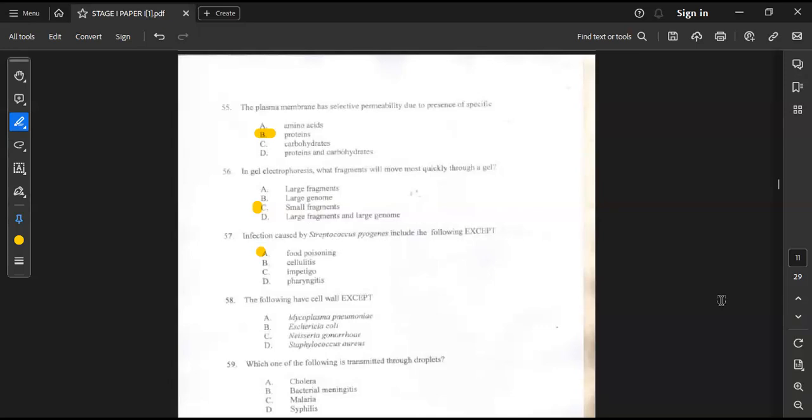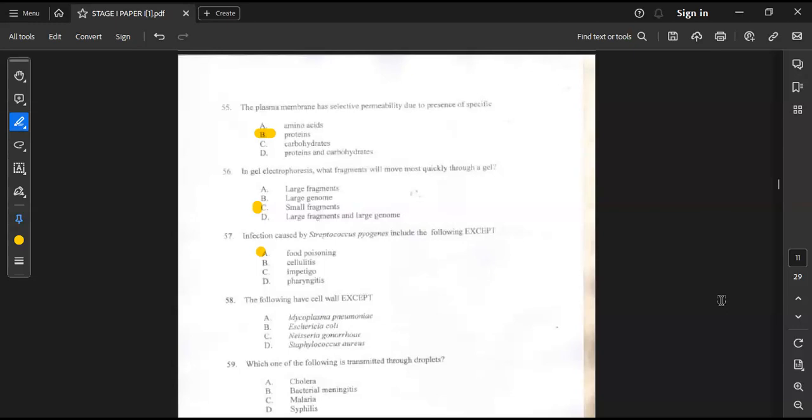When you want to differentiate between Streptococcus and Staphylococcus, Streptococcus you'll find in chains, while Staphylococcus will be in clusters.